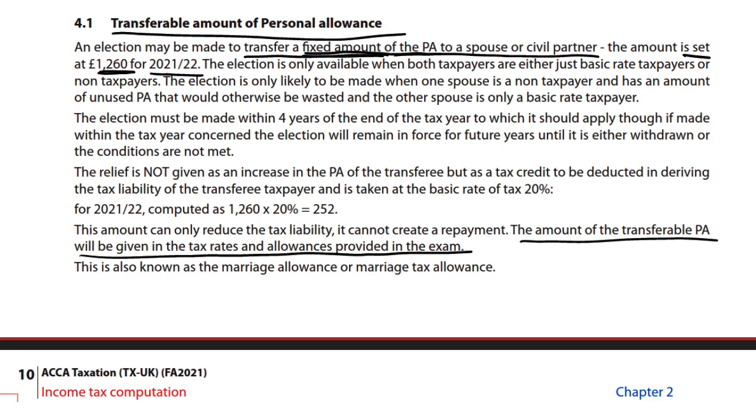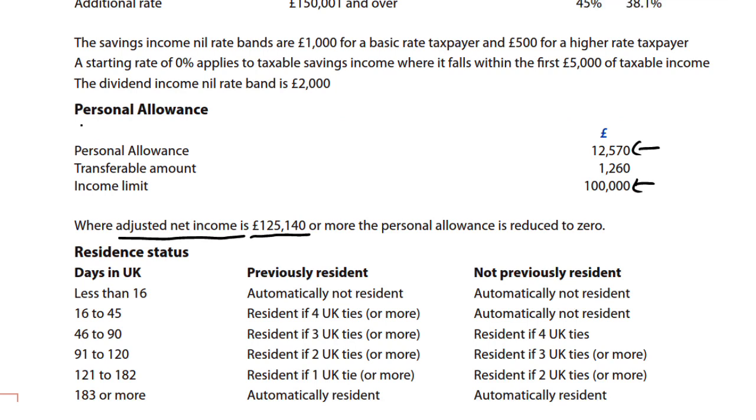So I reassure you of that: here is the information we've been looking at under the heading of personal allowance, and there's this one, the transferable amount at £1,260. So if you have a blank on that in the exam room, don't worry, it's there on your fact sheet. Look up your rates and allowances.